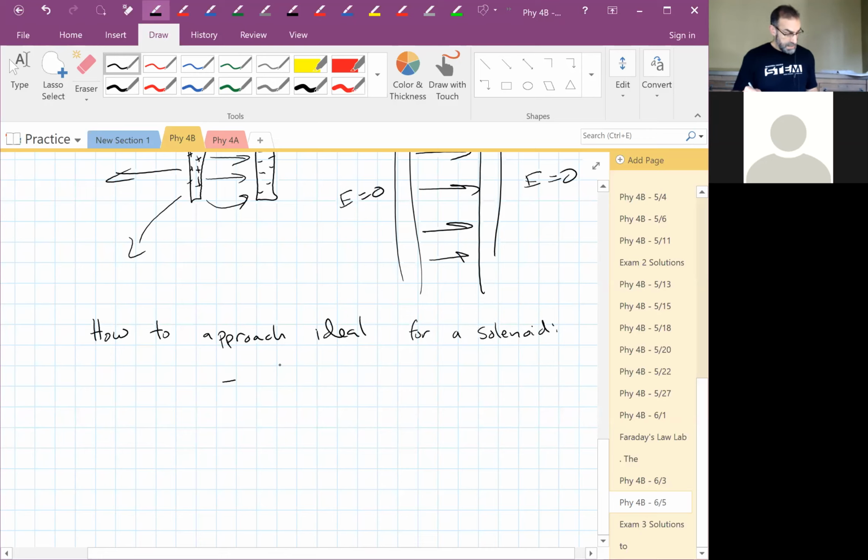First thing we need are those turns to be very tightly packed, very close together.